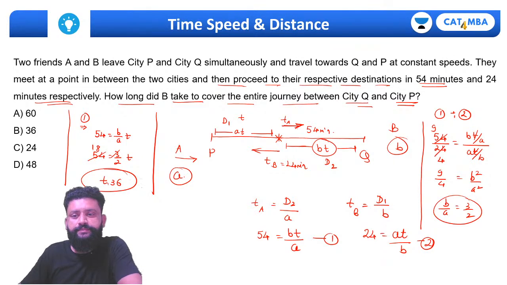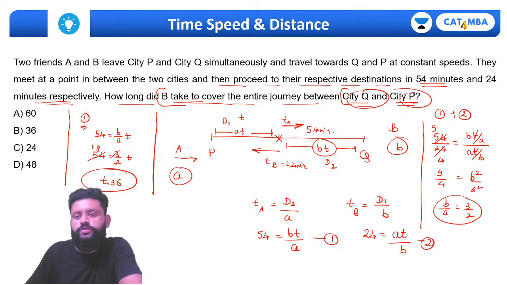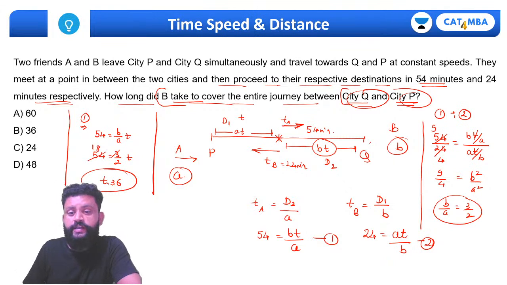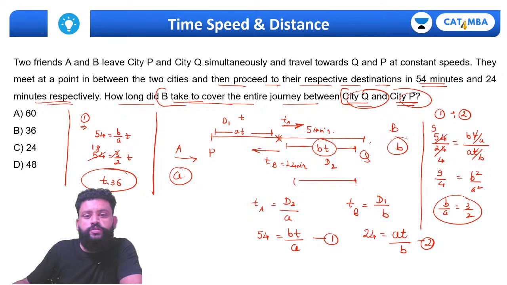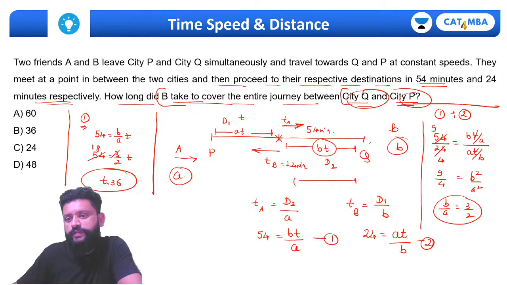So the total time required for B to take the entire journey from Q to P. Initially it requires 36 minutes to reach here. So the final answer must be 36 minutes from Q to this point.